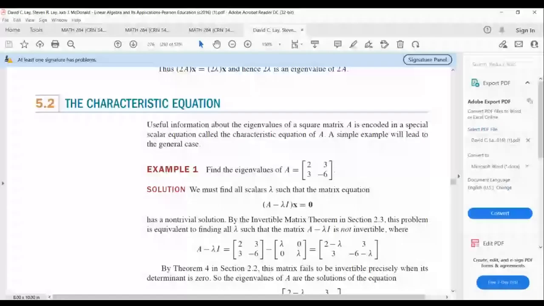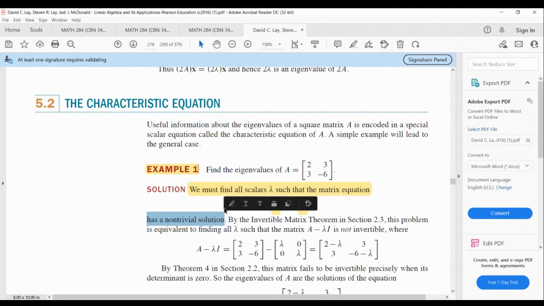Okay, so if we look in the book here, section 5.2, they have a 2 by 2 matrix, A, here in example 1, and they want you to find the eigenvalues of the matrix A. Now they're saying that we have to find all scalars such that that matrix equation, A minus lambda I in parentheses times the vector x equals 0, has a non-trivial solution.